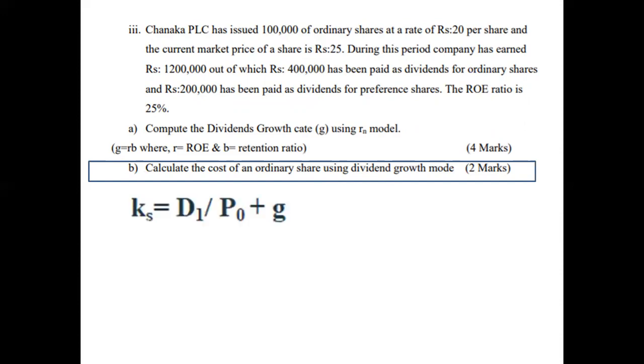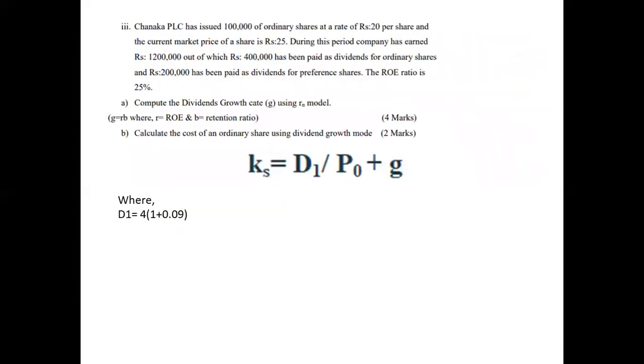As you are aware, the cost of ordinary share using the dividend growth model is D1 divided by P0, plus G. Let's go through the sum to identify D0.